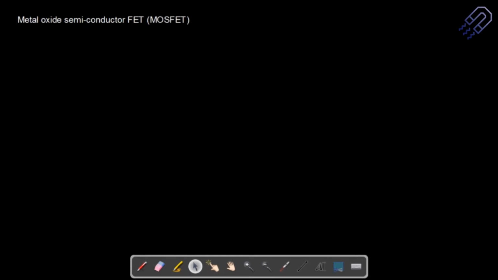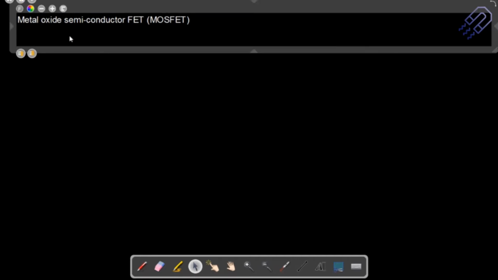What is the advantage? If we just write down a few points here, the first point I'd like to mention is the input impedance.